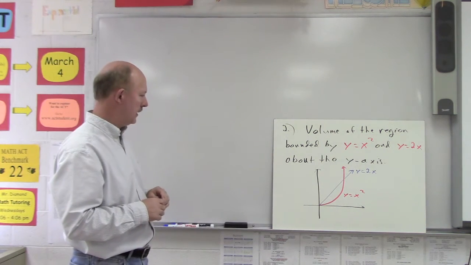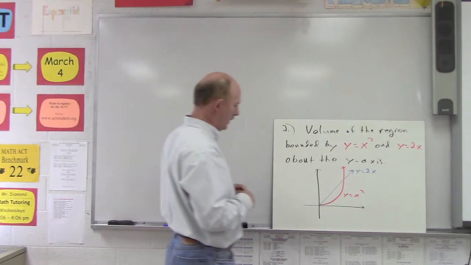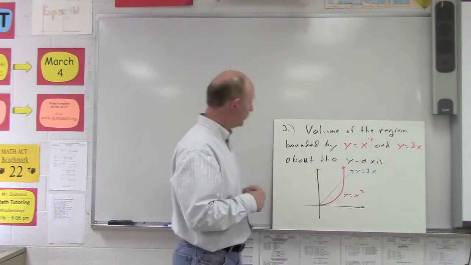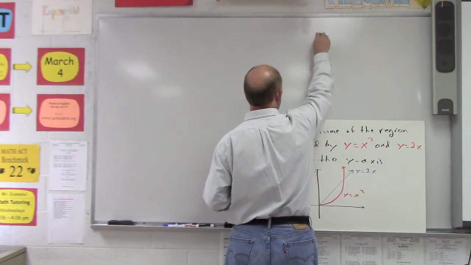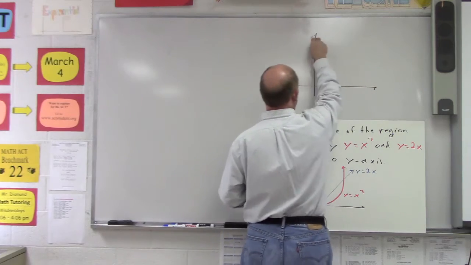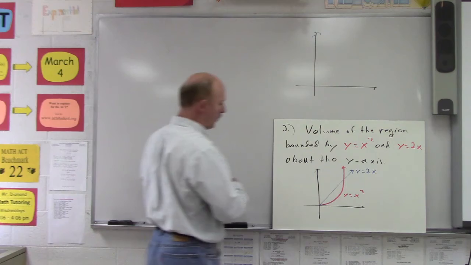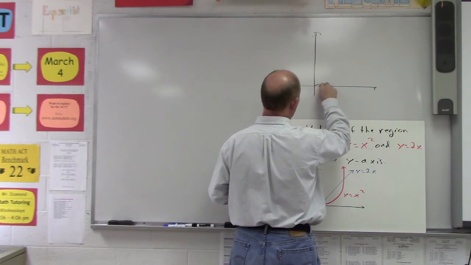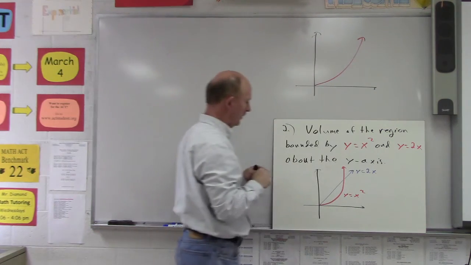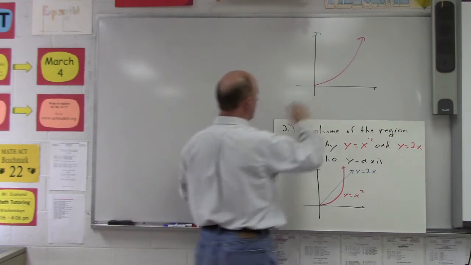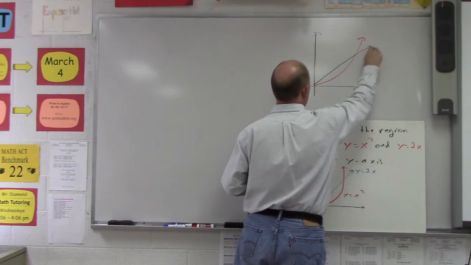As you take a look at this problem here, we've got a linear function y equals 2x. Let's see if I can sketch this up here again. You've got y equals x squared. We'll do sort of like this, I guess. Y equals 2x will be the linear function. It's going to do like so.